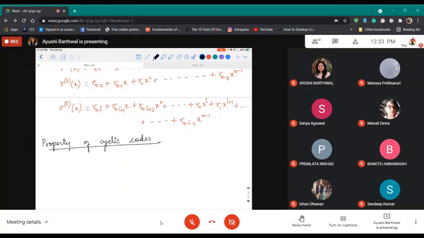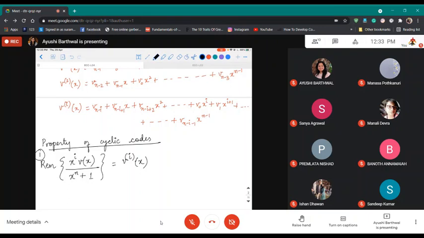And that property is, if you multiply a code word by the term x raised to the power i and you divide it by x^n plus 1, whatever remainder that you get is equal to the shifted code word. So this is one of the properties of cyclic code words. All the cyclic codes will be following this property.